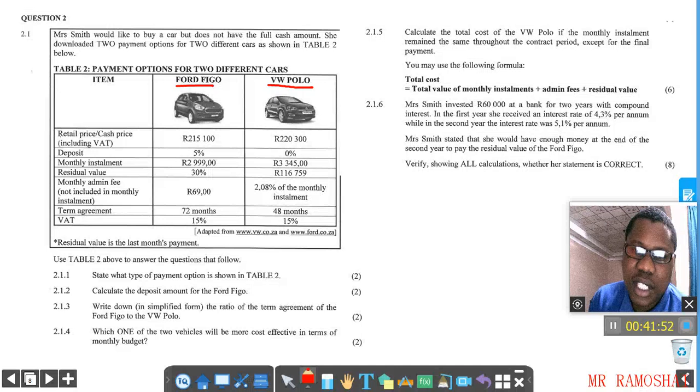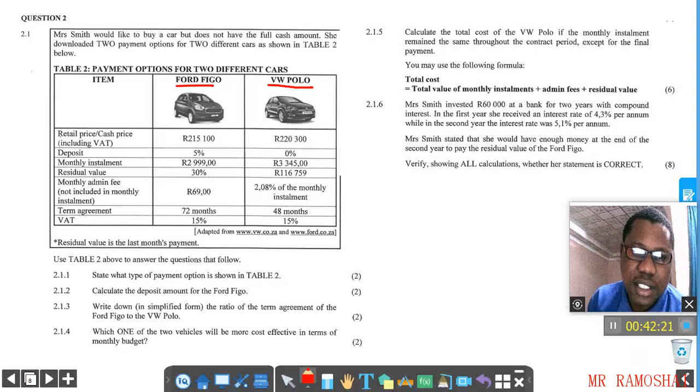Then someone can also get a VW Polo with 220,300, okay? Right. So now the deposit for Ford Figo is 5%, then the deposit for VW Polo is 0%. That means when you want this one, you don't even pay any deposit, right? Then the monthly installment, this one is 2,999. Then this one is 3,000.